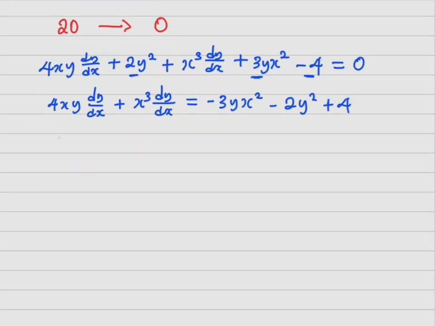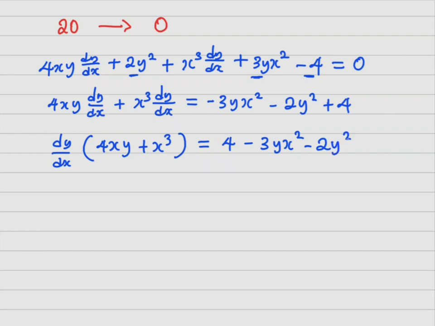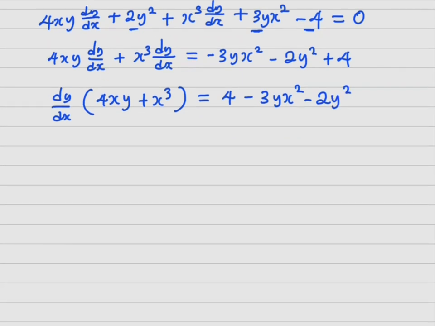Now we're moving. Therefore, I'm going to factorize dy by dx on the left hand side, where I'm going to have 4xy plus x cubed, close the bracket, is equal to here. Let me rearrange it. I'm going to have positive 4 from the beginning, minus 3yx squared, then minus 2y squared. Everything is taking shape.